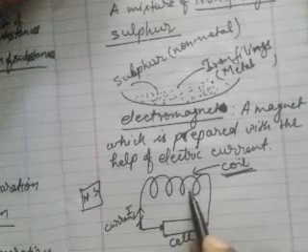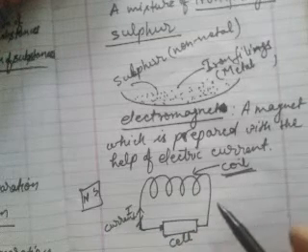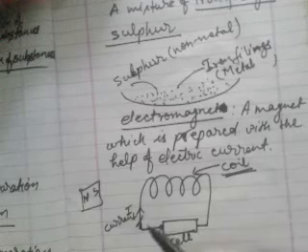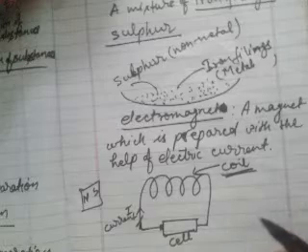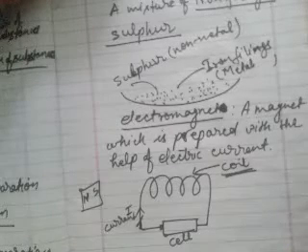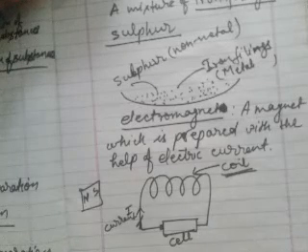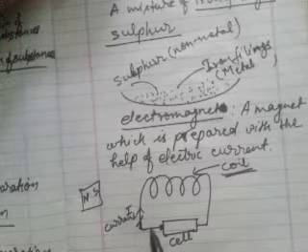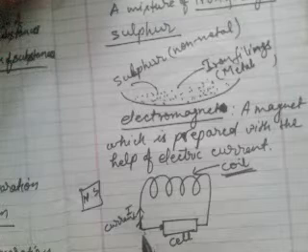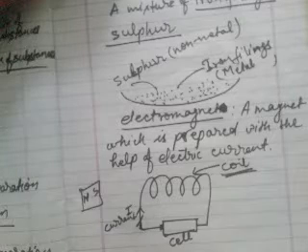If current is flowing, it behaves like a magnet, and if we stop the flow of current, it behaves like a non-magnet. So it depends upon the electric current.